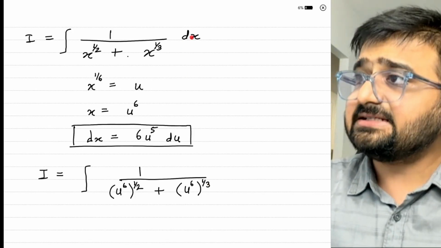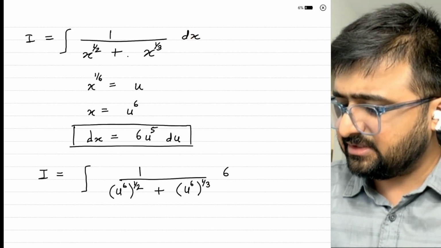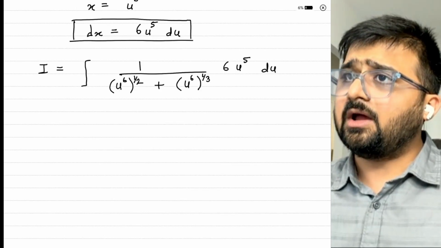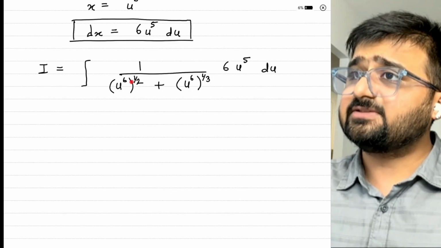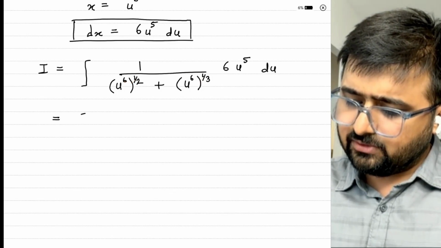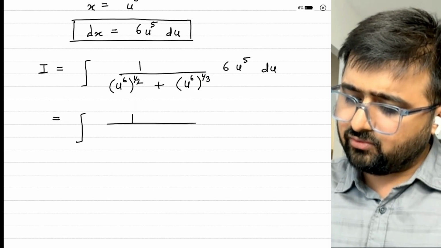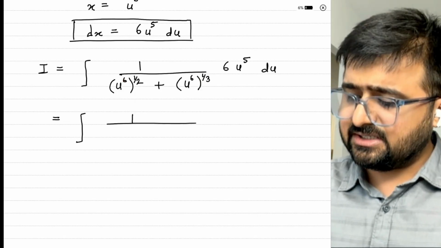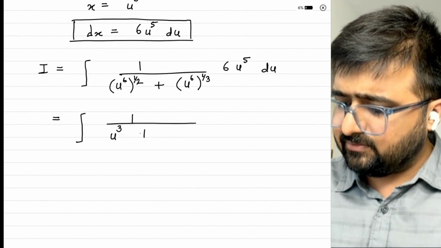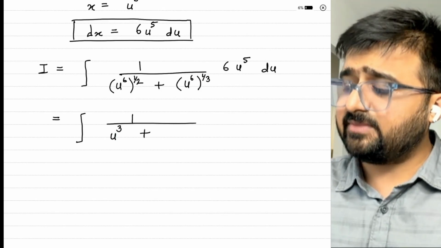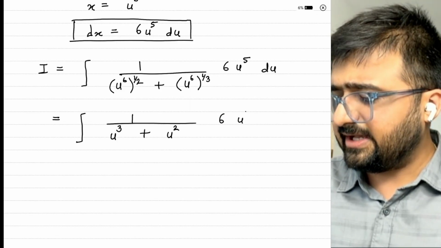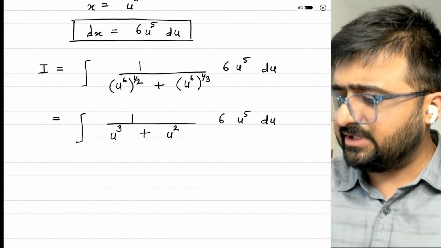Instead of dx, just write 6u to the power 5 du. Now you can use the law of exponents and multiply these terms. That gives you the integral of 1 over u to the power 3, since 6 times half is 3, plus u to the power 2, since 6 times 1 by 3 is 2, and in the numerator you already have 6u to the power 5 du.